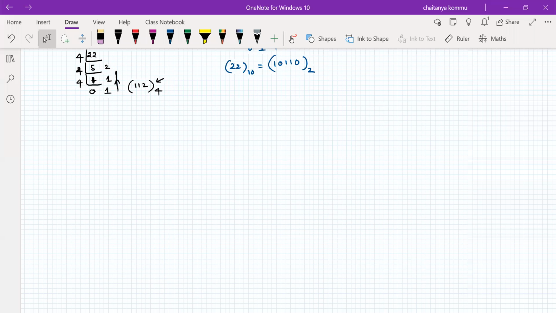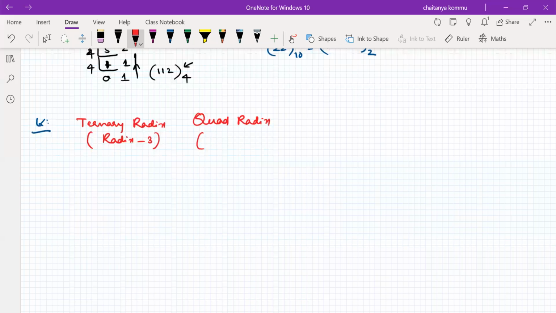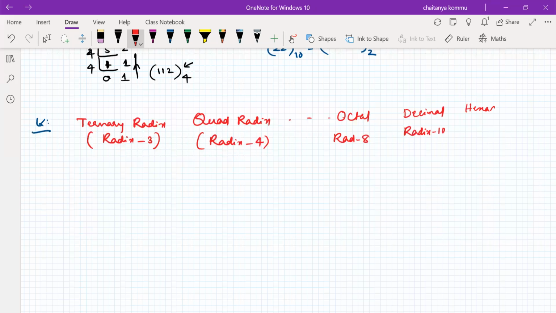For example, ternary radix means radix 3, quad radix is simply radix 4, the octal number system is radix 8, the decimal number system is radix 10, and hexadecimal is radix 16.